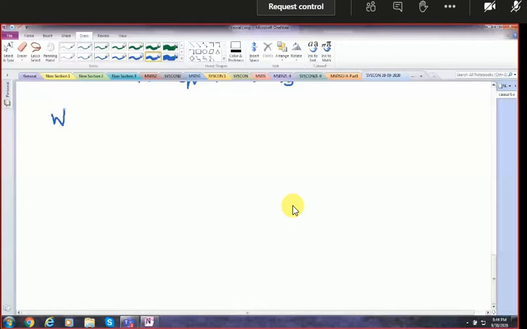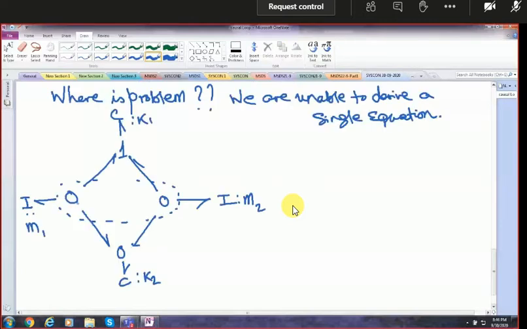Because of that, we have inconsistency in direction. Anyway, this is the situation. What do we know? In this structure, we can combine these two. We can as well combine these two. So this one is 1. We can as well combine these two 1 junctions. We can combine in different ways.